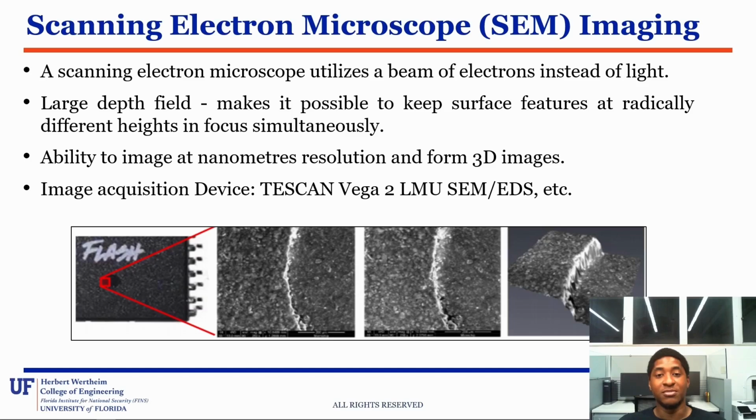Areas ranging from almost 1 centimeter to 5 microns in width can be imaged using the SEM. It also has magnification ranging from 20 times to over 30,000 times, as well as spatial resolution, which is important for distance, of 50 to 100 nanometers.